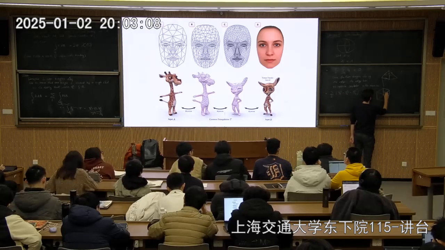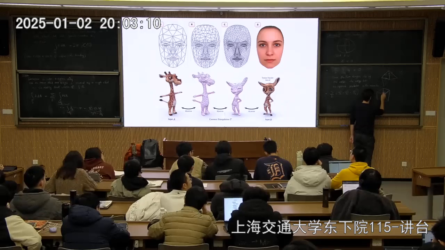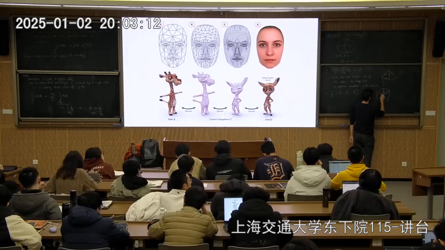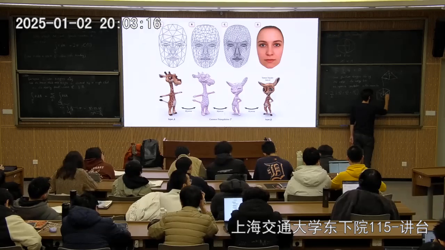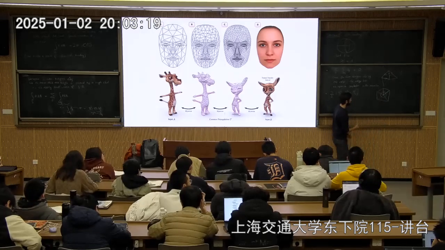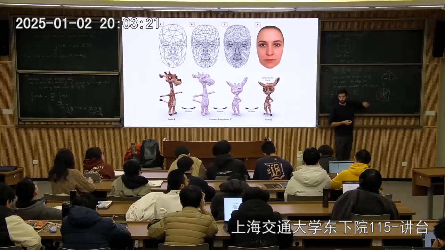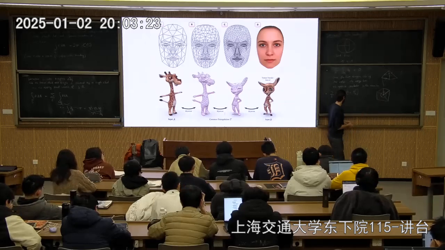So if you sum up this angle of this triangle, this angle here, and this. So if you sum up all the angles around a given vertex, you always end up with 2 pi.